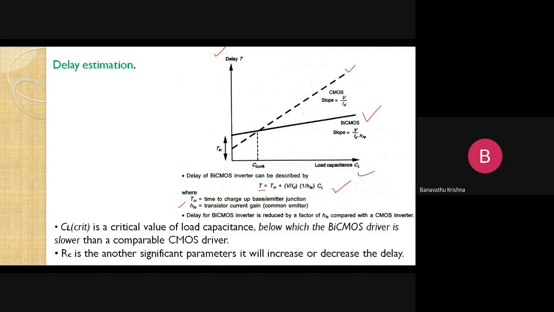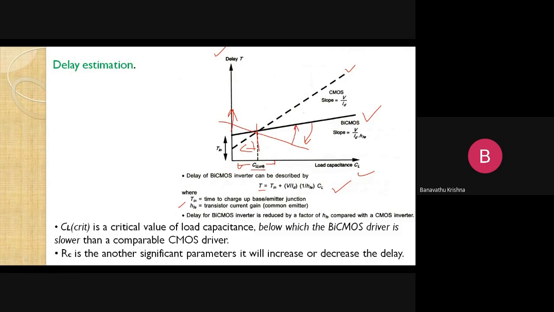Here CL is the critical value. Below this value, the total delay is going to increase. If the critical value decreases, the response is going to be like this, and if it increases, then the response is going to be like this.